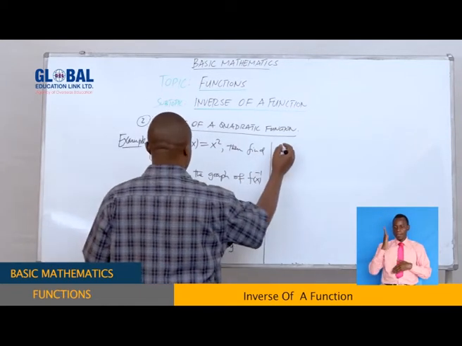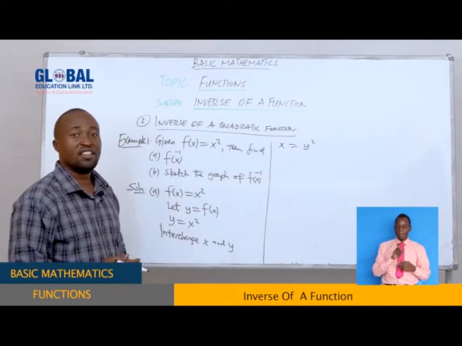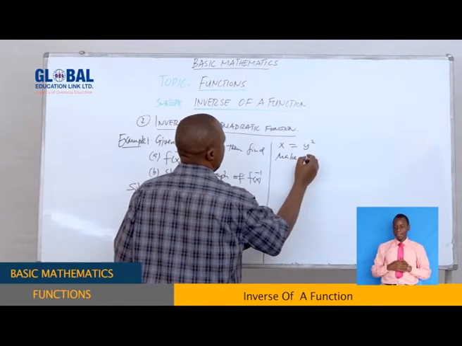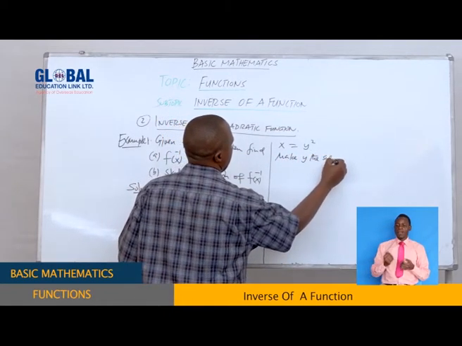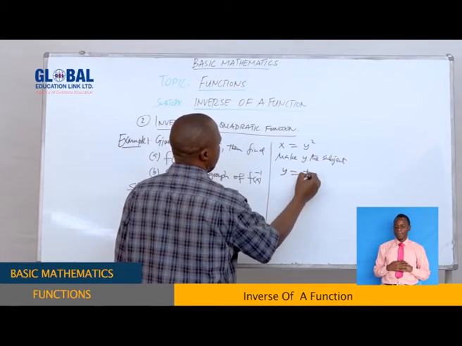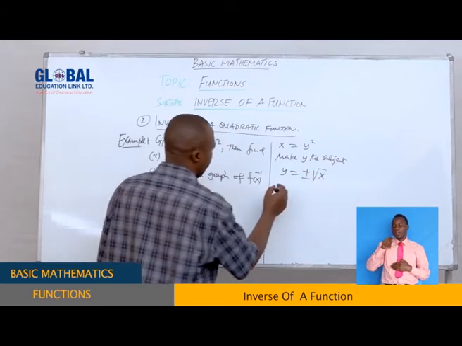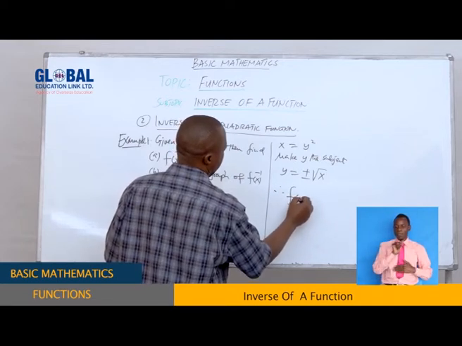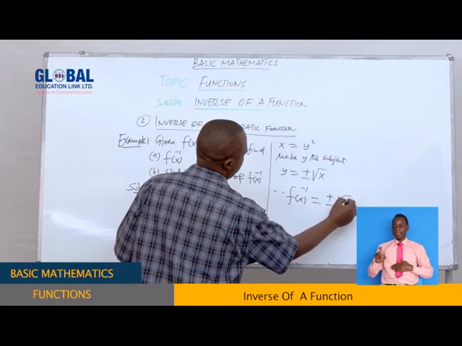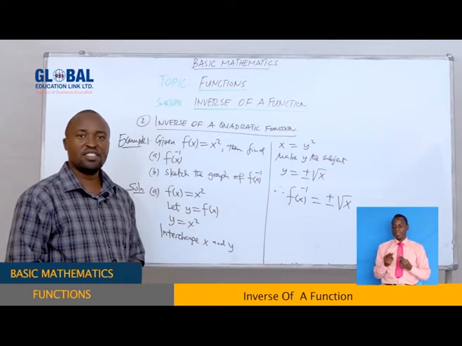That is x is equal to y squared. Then we make y the subject. So in this case, y is equal to plus or minus square root of x. Therefore, f of x inverse is equal to plus or minus the square root of x. Now, that is A, my dear student.